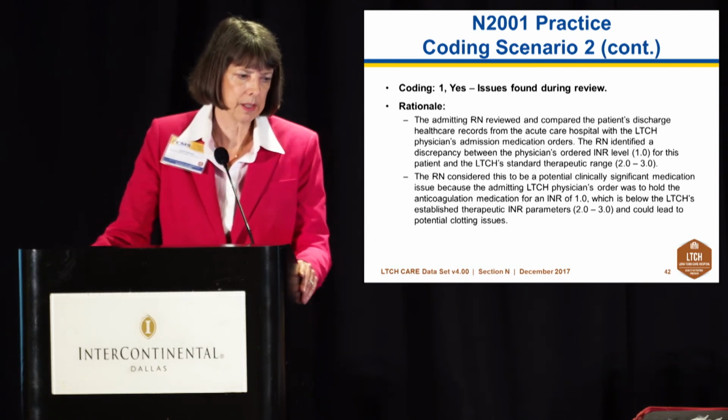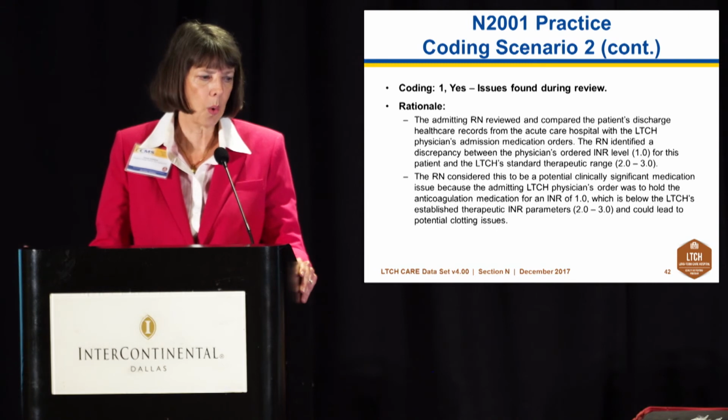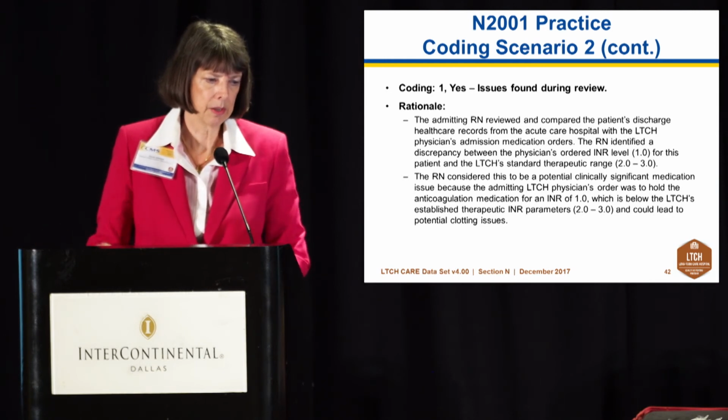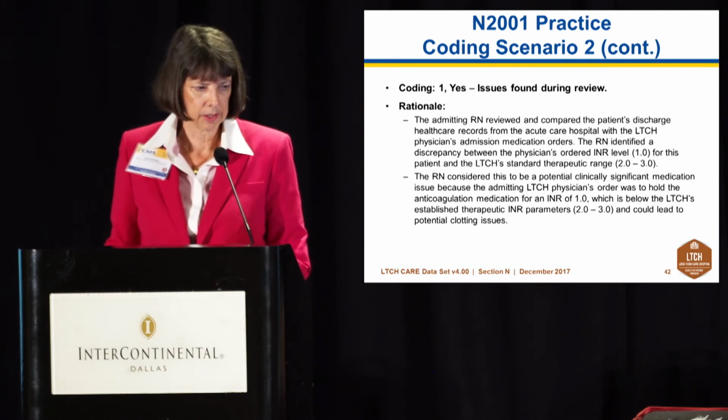The RN considered this to be a potential clinically significant medication issue because the admitting LTCH physician's order was to hold the anticoagulation medication for an INR of 1.0, which is below the LTCH's established therapeutic INR parameters of 2.0 to 3.0, and this, of course, could have led to potential clotting issues. Okay.